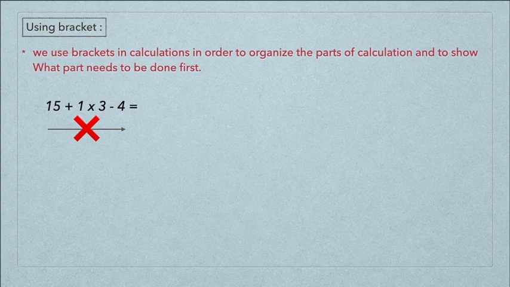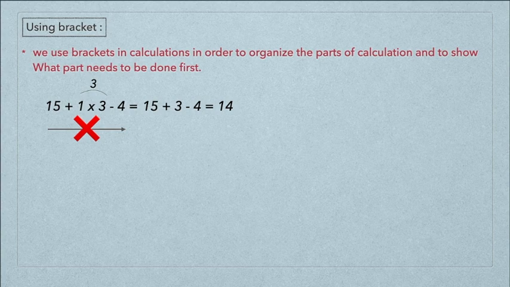Because multiplication has a higher priority than addition and subtraction, first we will do the multiplication. So 1 times 3 gives you 3. Then, since we don't have any more multiplications, you go through the rest of the functions, 15 plus 3 minus 4, which gives you 14.